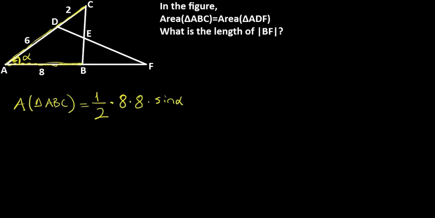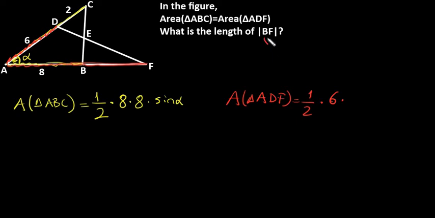Now let me find the area of the triangle ADF. So it's going to be equal to 1 over 2 times AD times AF, as you see. So AD is 6 times AF.